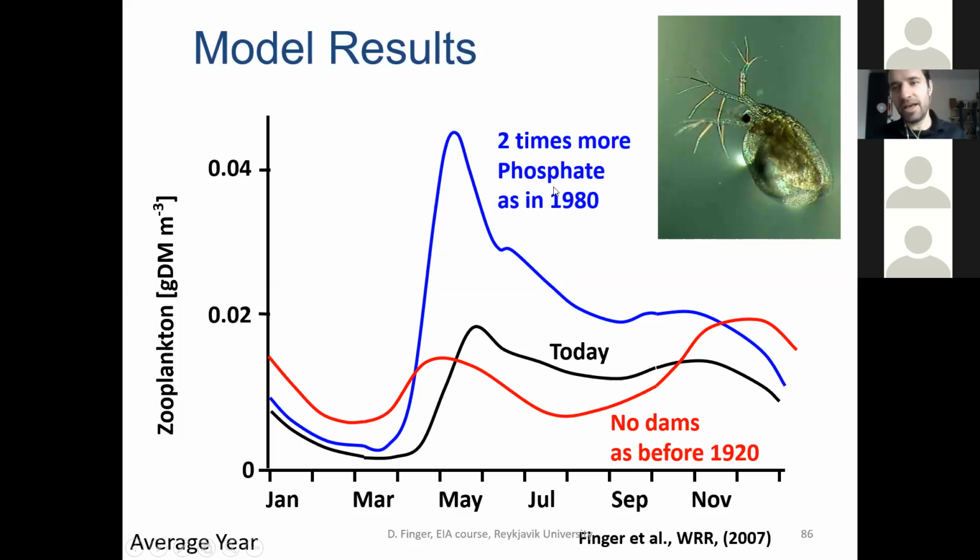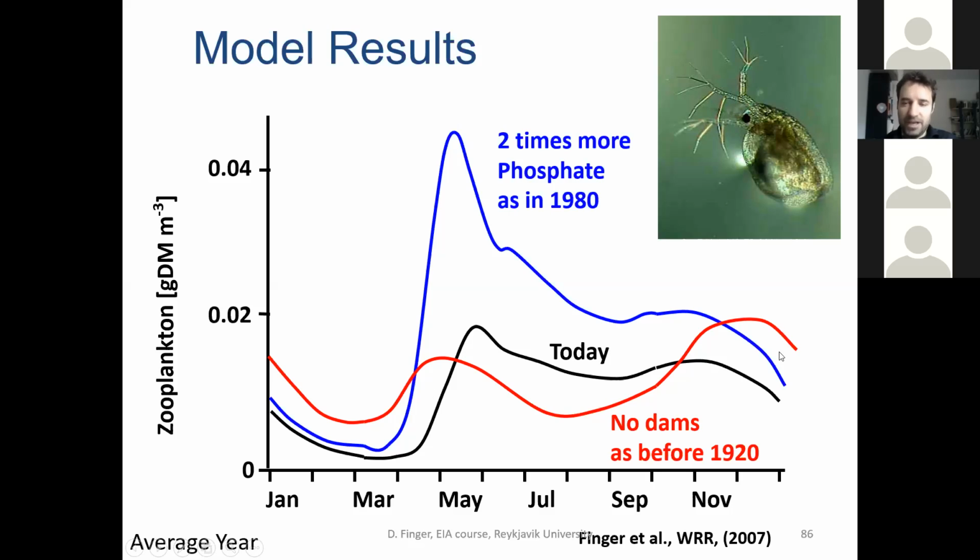And this was actually the starting point: during the 70s or up until the 1980s, phosphorus concentrations were almost twice as high as today, simply because at that point sewage treatment plants were not yet in place, and accordingly zooplankton concentrations are expected to be twice as high as today. So the fishing yields were higher in the 1970s simply because there was more nutrient available, more phytoplankton, more zooplankton, which leads to more fish.